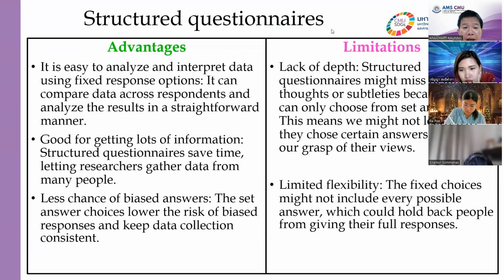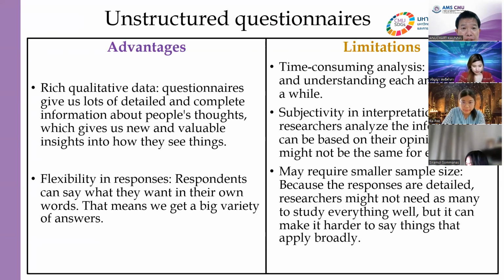If you have time, you can add an open-ended choice for people, like a suggestion. So structured and unstructured each have positives and negatives. The unstructured one has the advantage of rich qualitative data.